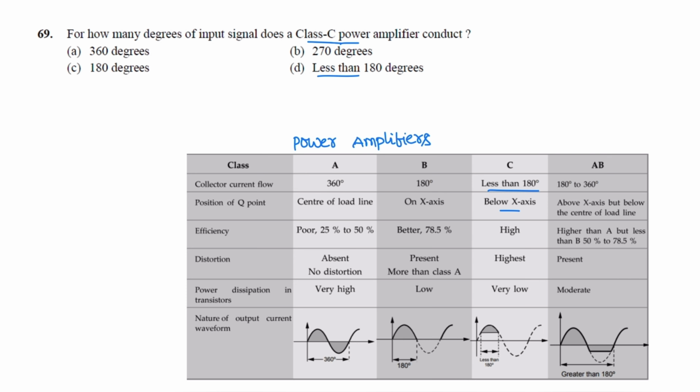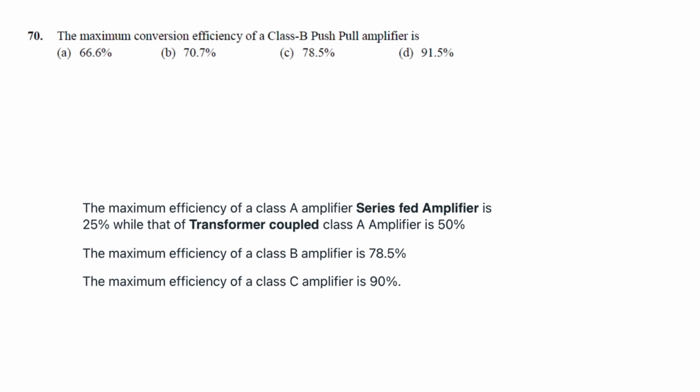Next question. What is the maximum conversion efficiency of a Class B push-pull power amplifier? The maximum conversion efficiency of Class B is 78.5, whereas for Class C it is 90.